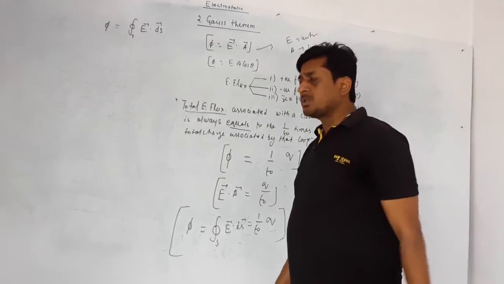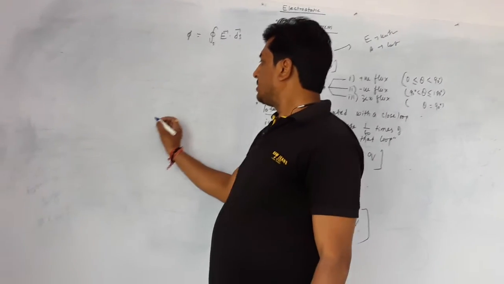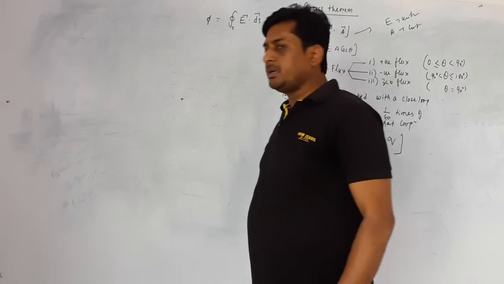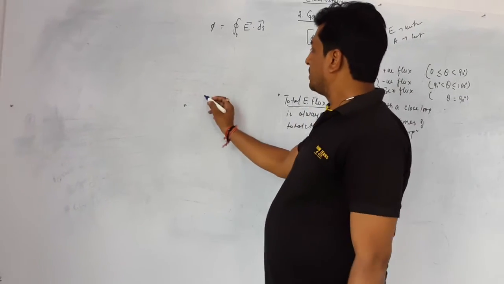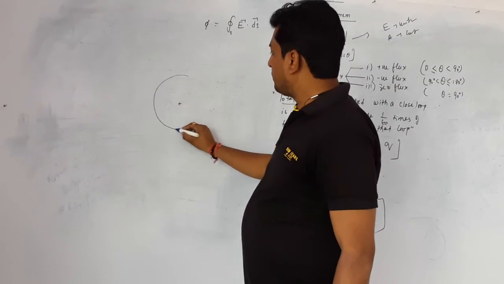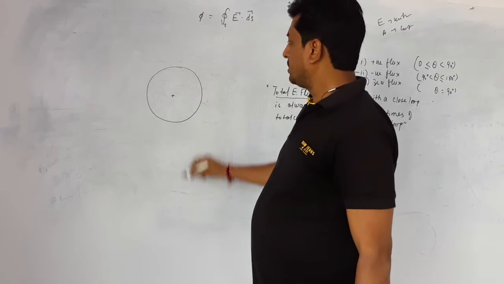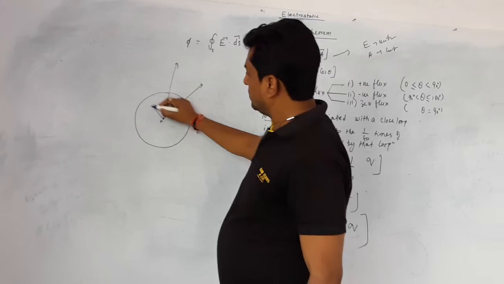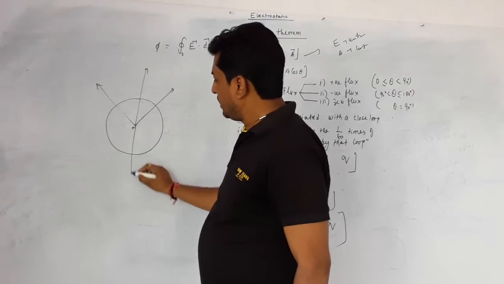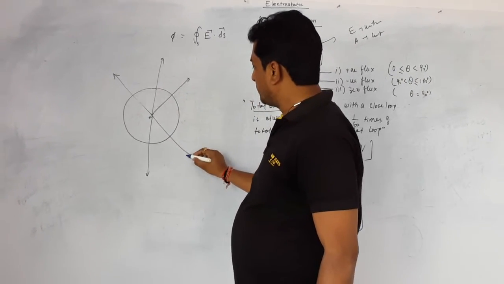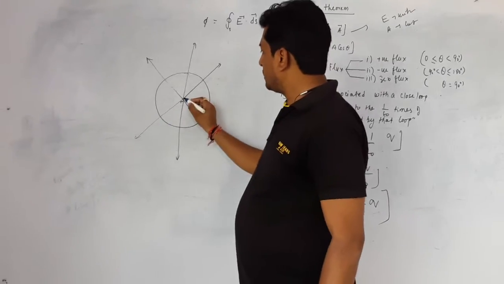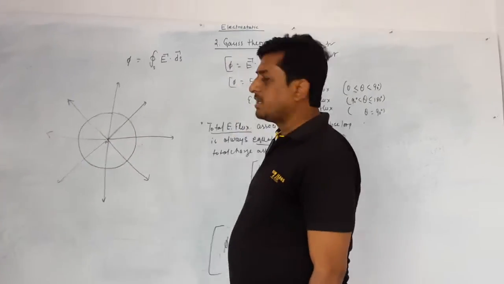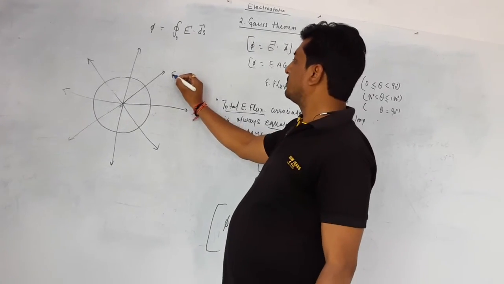There is a derivation of Gauss theorem. For derivation, suppose that a point positive charge is present in the space inside a spherical shaped body. So it will give this direction of electric field in this way. You have already studied, radially outward in this way. This is the direction of intensity.